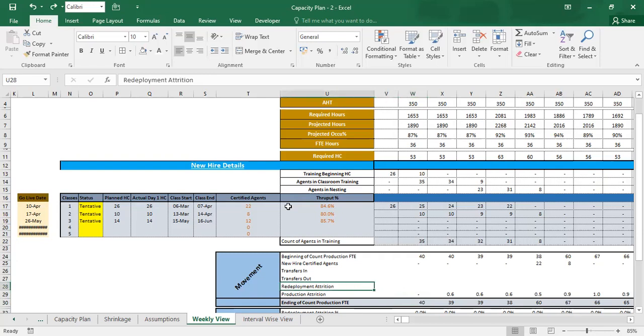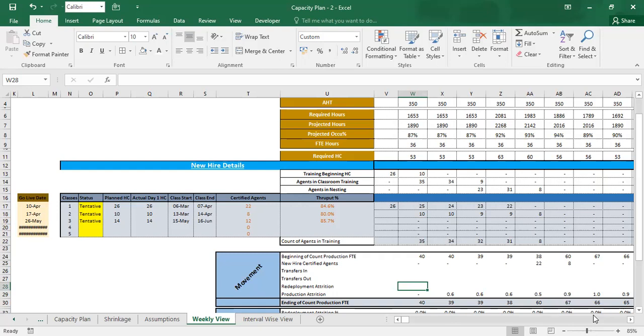Does anyone have an idea what redeployment attrition is? Suppose a process is going to ramp down, or a person is already on transition or movement, so the HR team puts them in redeployment, where they interview for other processes. They get 3 chances. If they succeed, they get the process, or after 3 chances they are terminated.